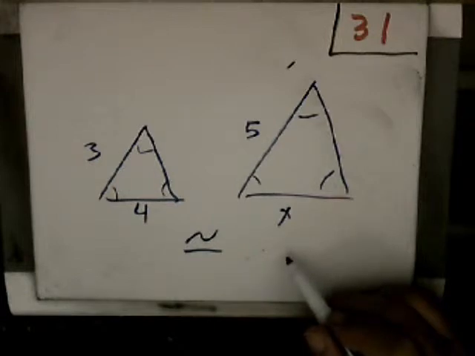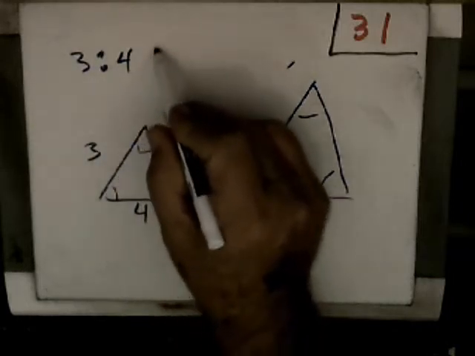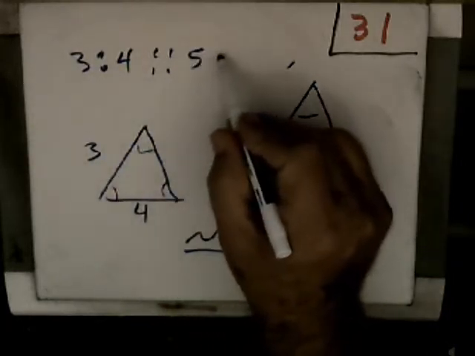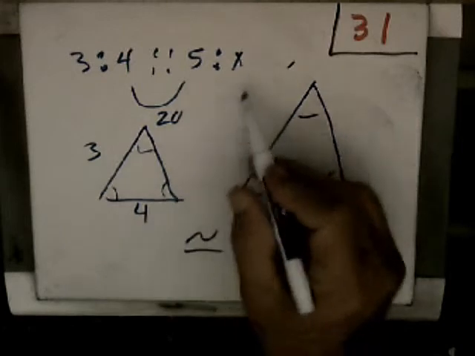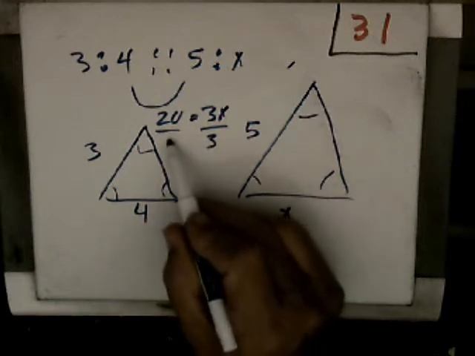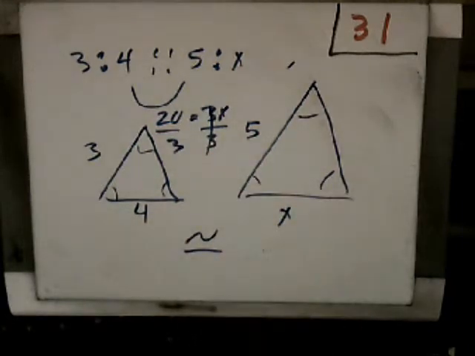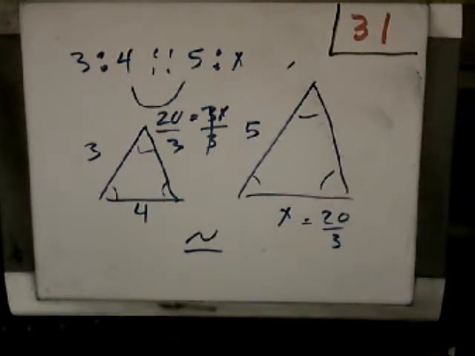So I could set up a proportion: 3 is to 4 as 5 is to x. The insides are 20, so 3 times x would have to equal that. Dividing both sides by 3, x equals 20/3. It didn't come out even, but I was able to quickly come to the solution. The ratio between these two is not exactly clear either, but it looks like it's 3/5.